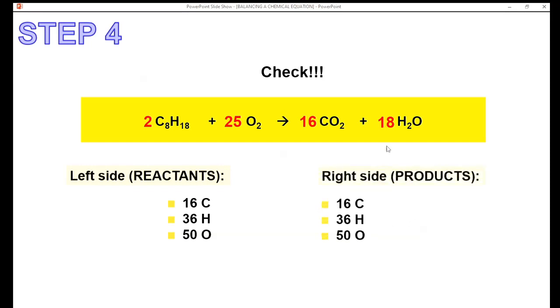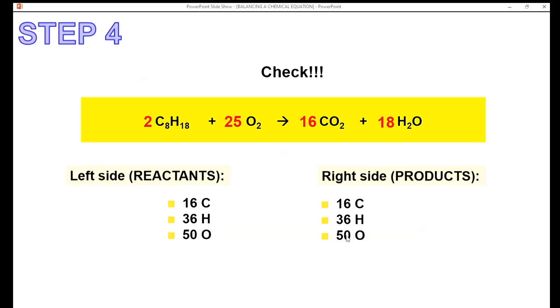Now let's check the right side, the product side. On the right side we have 16 carbon, same as the left side. Then we have 36 hydrogen, 18 times 2 is 36, on the left side also 36. Therefore hydrogen atoms are balanced on both sides. And 16 times 2, 32, plus 18 is 50.